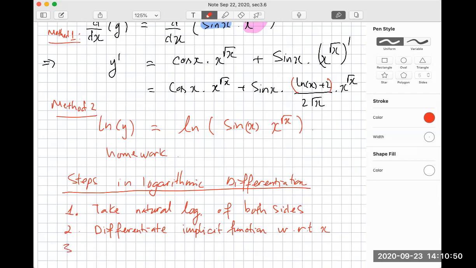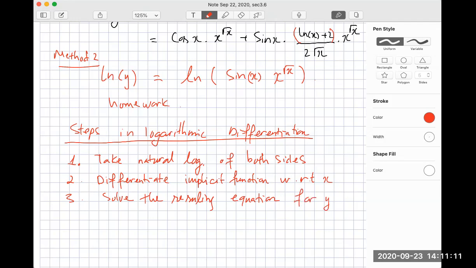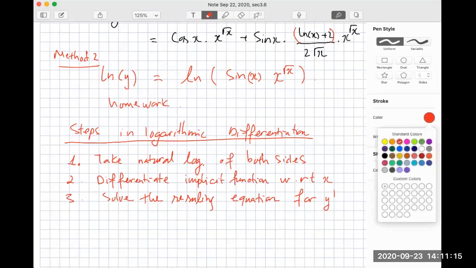And the last step is to solve the resulting equation to find y prime. These are the steps, right?